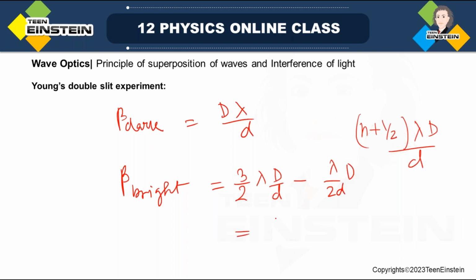So what we get is again D lambda by d. So the fringe width of bright and dark fringes are equal. This is the expression we have to remember, D lambda by d. This is beta, called the fringe width.